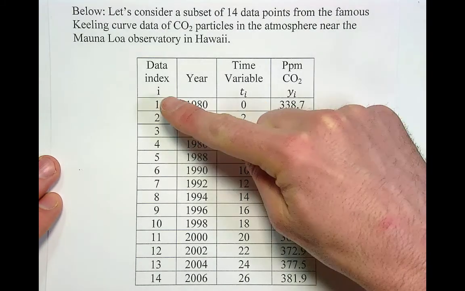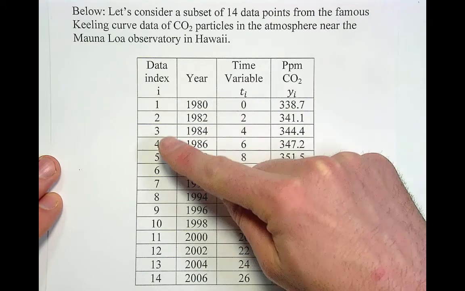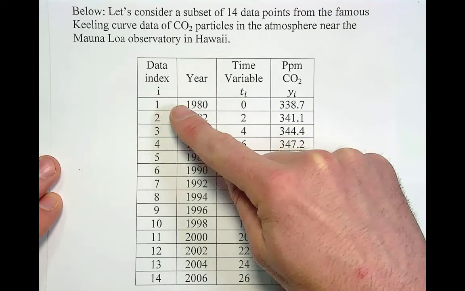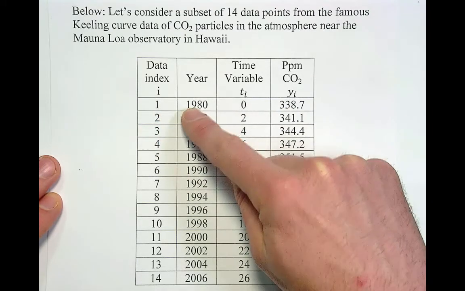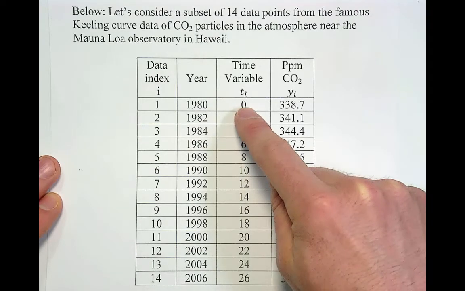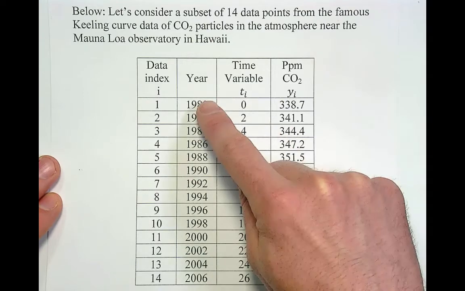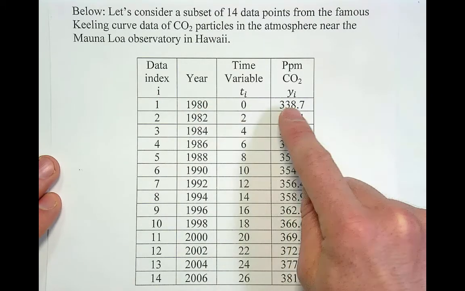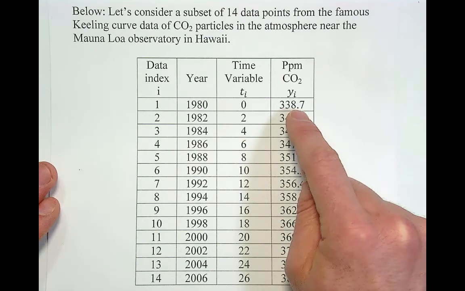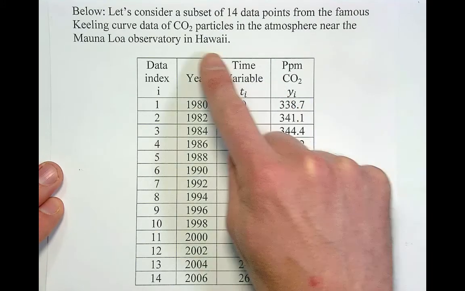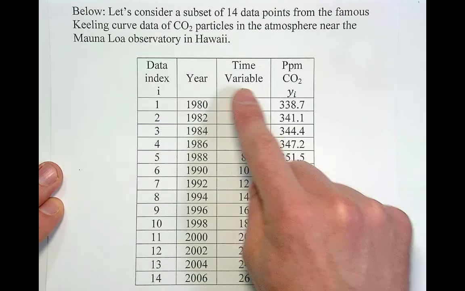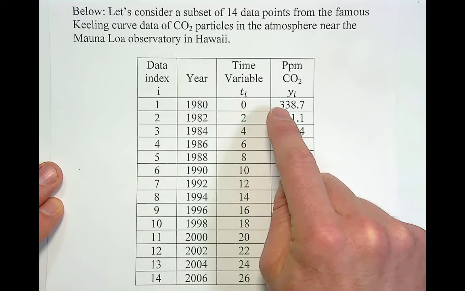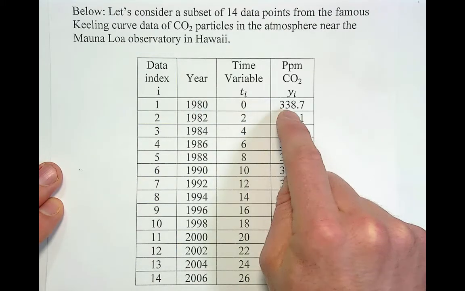Over here, this is the point number. So here the first data point was taken in 1980. So T sub 1 is 0 years into this data collection because it's the first year, aka the 0th year of the data set. And then the number of CO2 parts per million observed average for that year in Mauna Loa was 338.7.